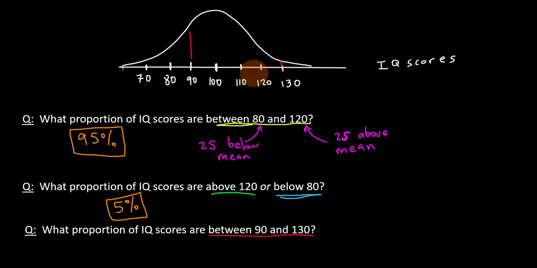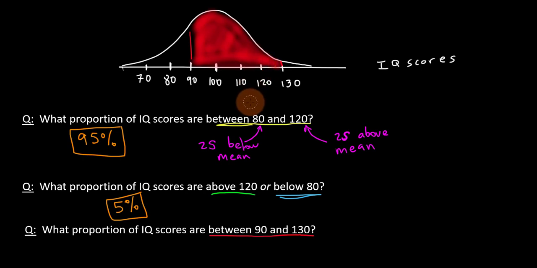Okay, so that's 90 to 130, and I'm going to shade it in. It's kind of fun to do this actually, and it kind of just gives me a sense of what I'm looking for. It might even help guide me to the answer. So it's a fair amount of the region here.